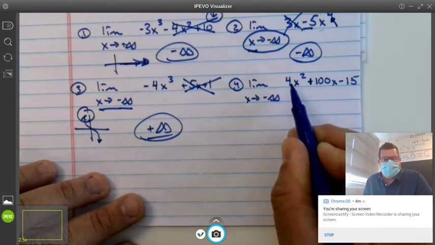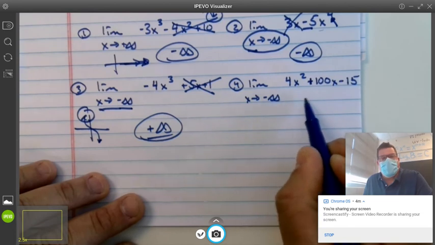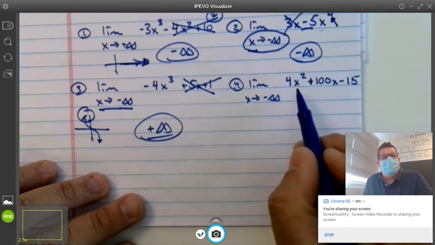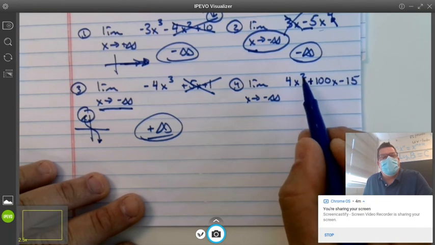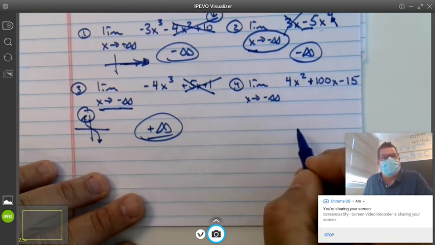Which one's bigger? This guy at positive infinity, or this guy when I shove in negative infinity? And the answer to that question is exponentially. Infinity squared is going to be much larger than 100 times infinity.